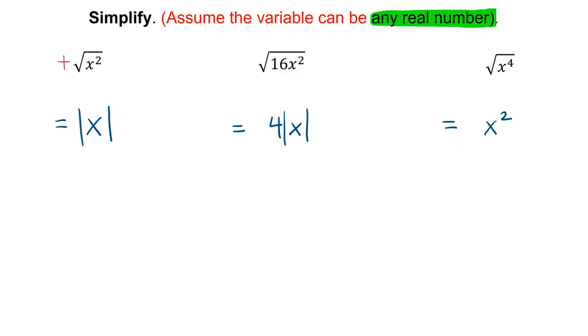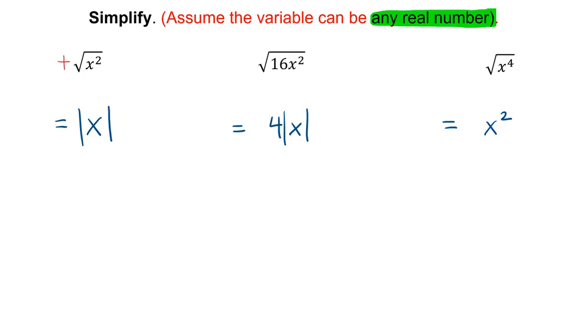Think about it. If x, the variable x, is a negative number, and it very well could be, because our instructions say that our variable can be any real number, which means it could be a positive number or it could be a negative number. But if x is a negative number and we square x, what kind of value do we get? We get a positive value. What if x is positive? Well, obviously, if we square a positive, we get a positive. So x squared is guaranteed to be positive again.